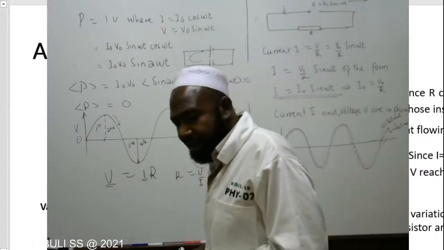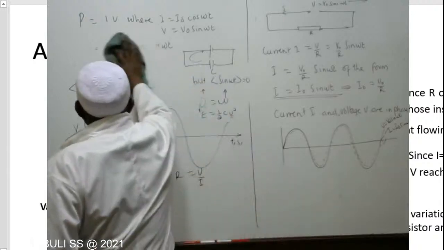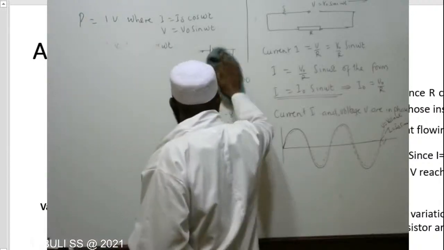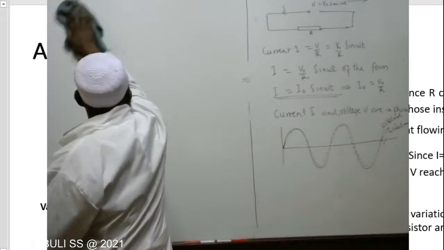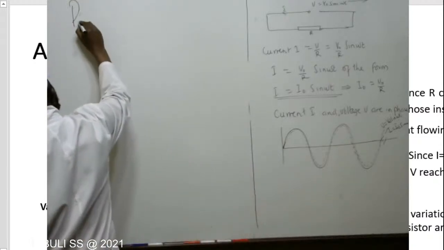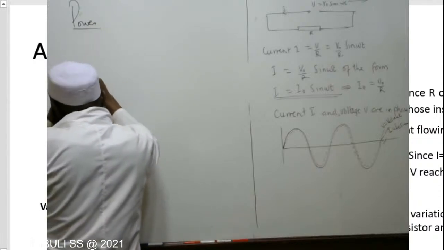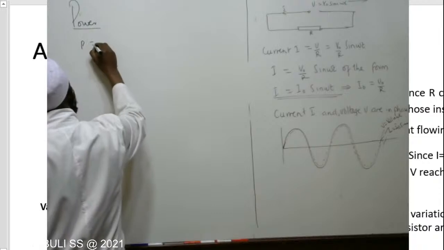And how about power in a resistor? Power in a circuit concerning the resistor. Power is given by IV.